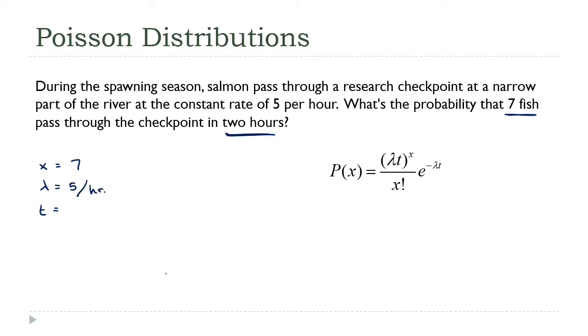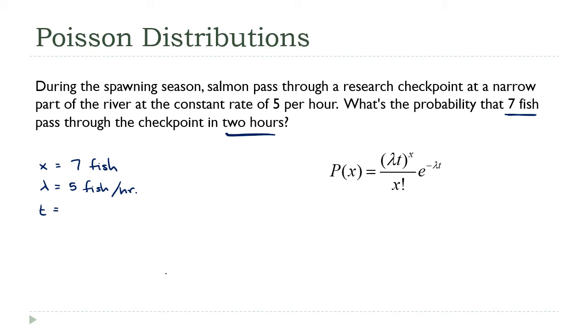As a matter of fact, we could add fish up here, and we can make this 5 fish per hour. Remember, I was just saying on the last slide, we have the potential for a unit conflict between lambda and t. So I found that putting the units in there really helps you to focus on that, so it's easier to notice if there's a discrepancy.